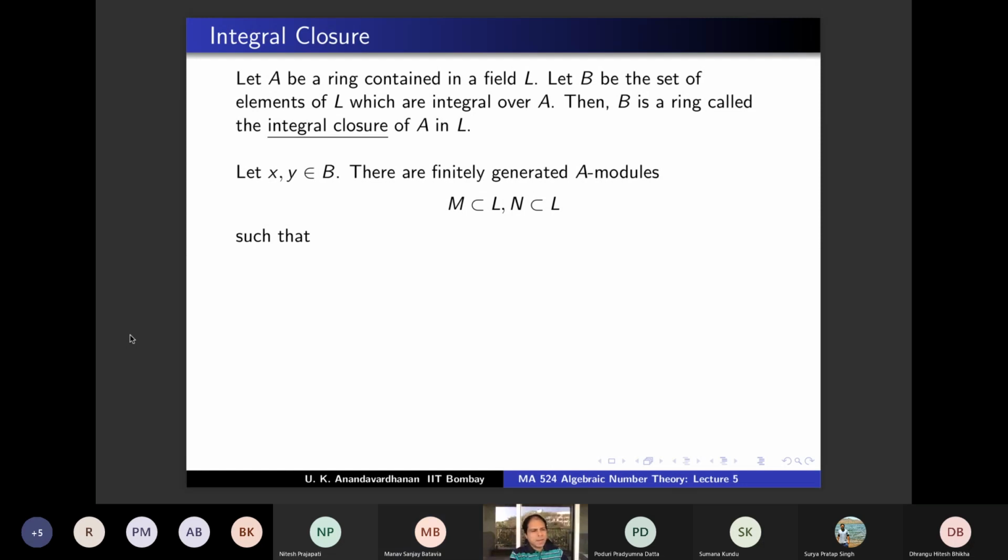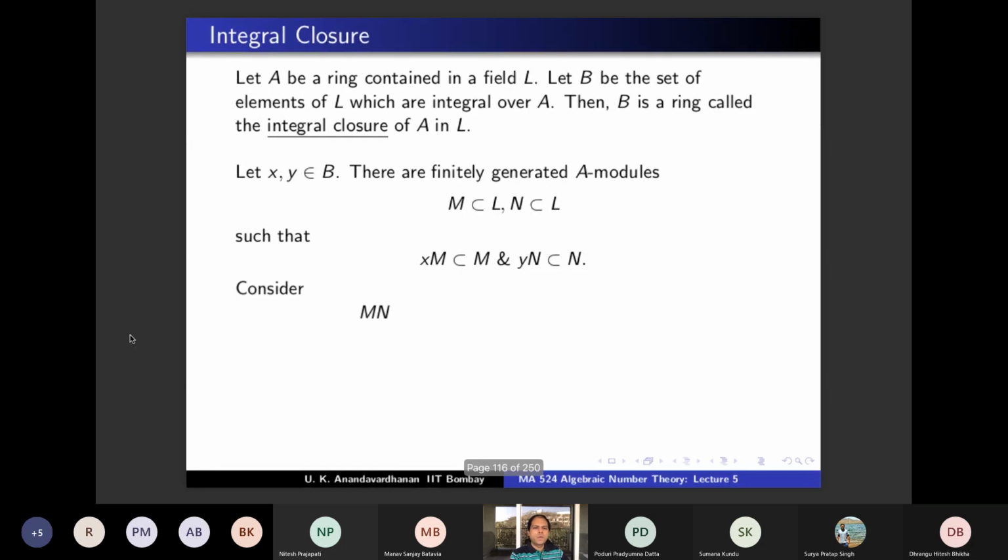I'm directly appealing to that theorem: x is integral if and only if there is an M such that xM is contained in M. That's the wording that I remember. So there are finitely generated A-modules M and N, A[x] and A[y], such that x times M is contained in M and y times N is contained in N.